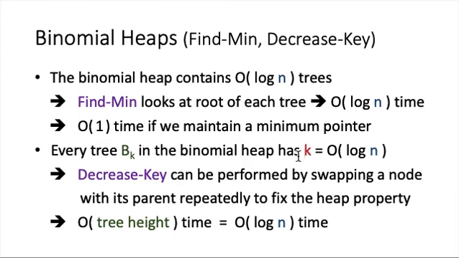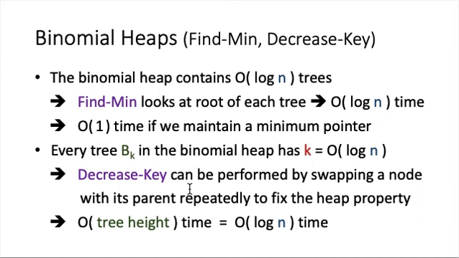So in each binomial tree inside the heap, k has to be less than or equal to log of n. Now, because of the properties that we have mentioned before, the height of the tree is bounded by this k, so decrease key can be performed efficiently in order of log n time.